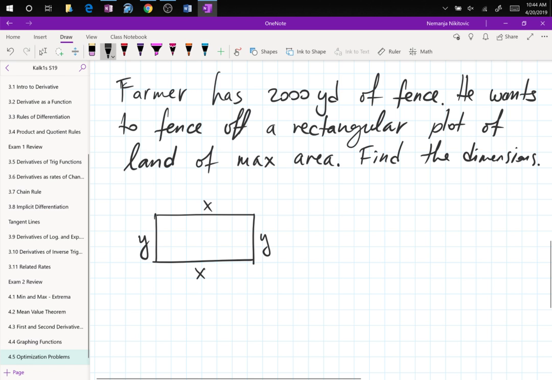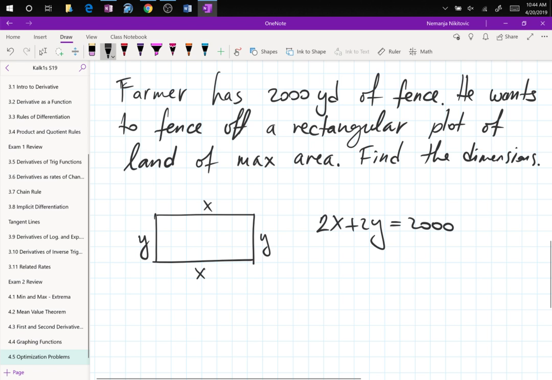What mathematical equation do I get to write? 2x plus 2y equals 2,000. Excellent. Because the fence goes on the perimeter of the rectangle, also known as a perimeter fence. So to go all around where the black line is, it's 2x and 2y's.